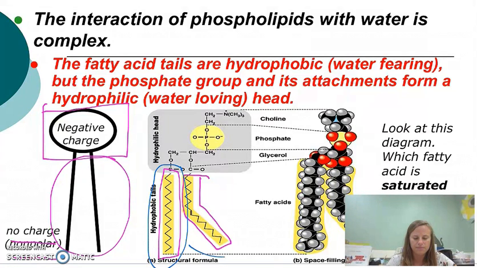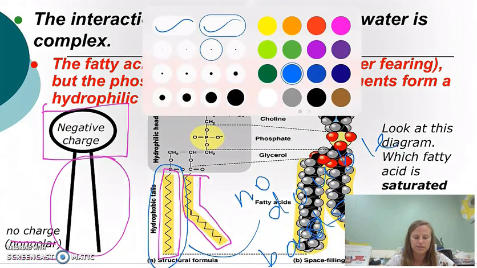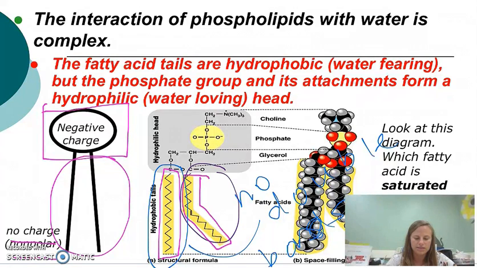This tail has no double bonds. Therefore, it is a saturated fatty acid. Whereas the tail on our right side does have a double bond right here, making it an unsaturated fatty acid. So make sure you can identify those.